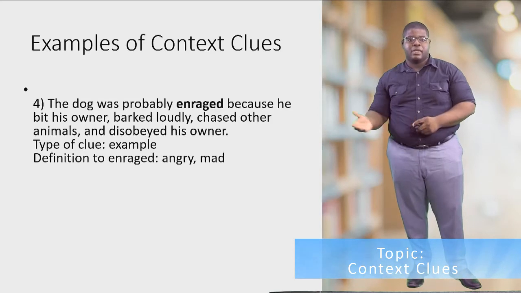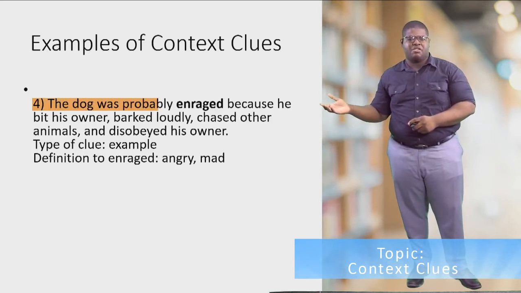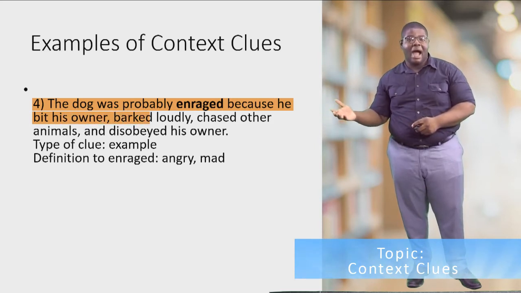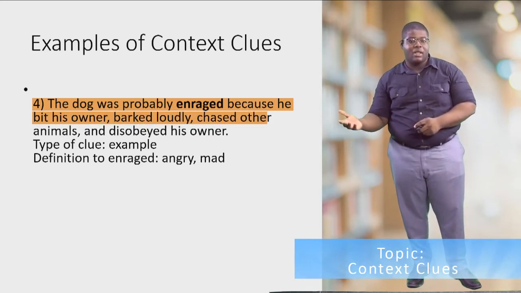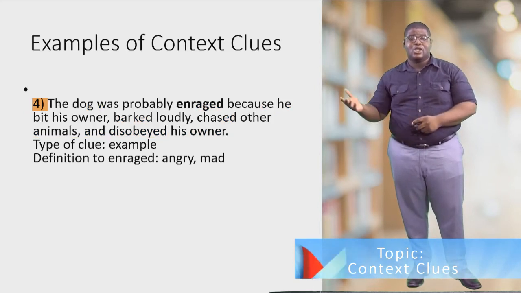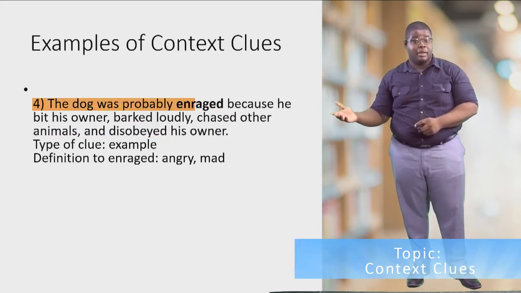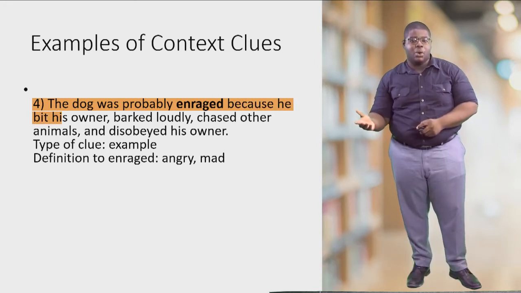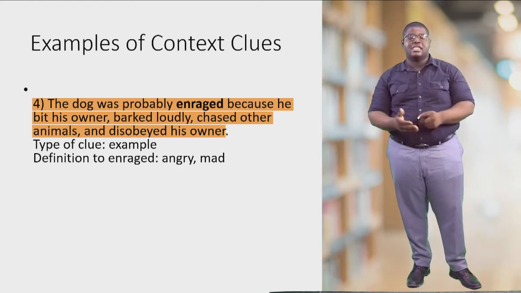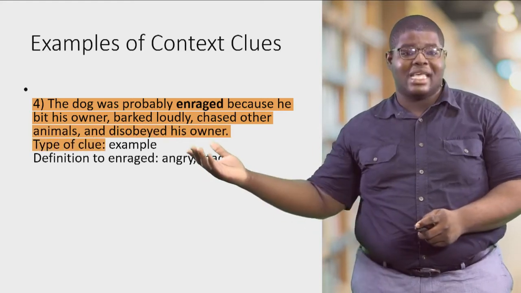Number 4. The dog was probably enraged because he bit his owner, barked loudly, chased other animals, and disobeyed his owner. So the type of context clue we have here is what?